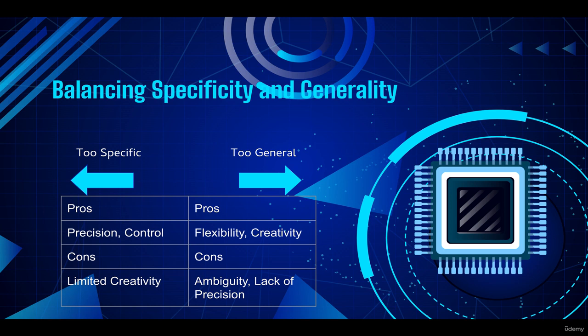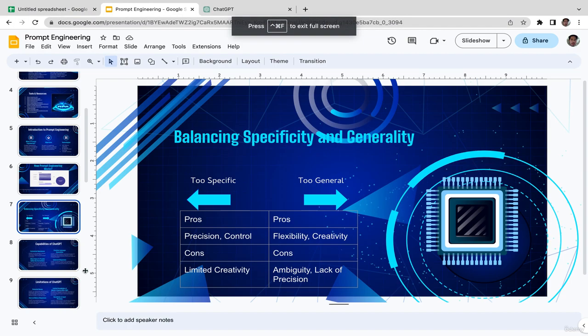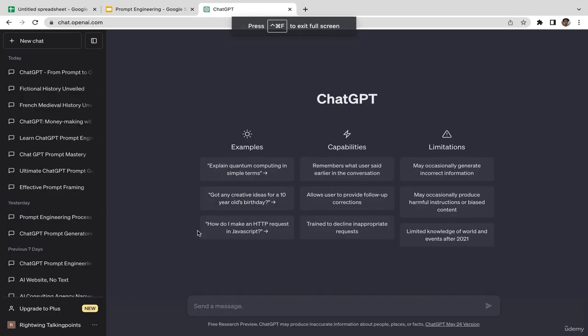And also lack of precision. General prompts can generate responses that are too broad or not specific enough, potentially providing incomplete or inaccurate information. So let's play around with ChatGPT this time to see the actual effect of having a too general or too broad prompt.